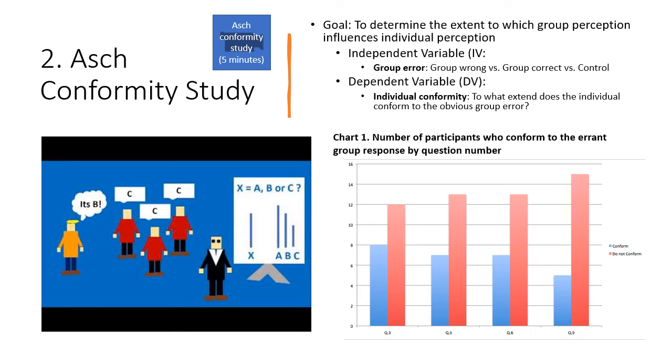And so you can see the data here that do not conform in the red bar and conform in the blue bar, and you can just see what the results are, even though the answer is so obviously wrong.